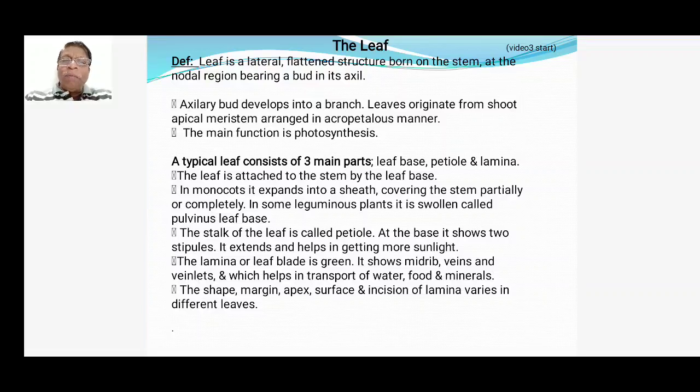If we examine monocots, the leaf base is expanded into a sheath-like structure, covering the stem partially or even completely.